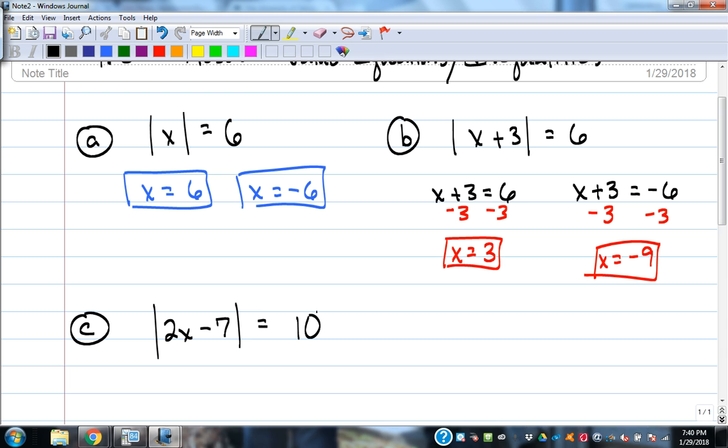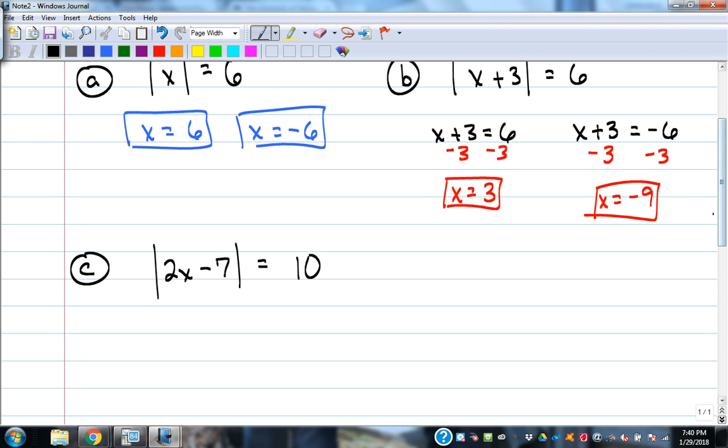Okay. Here's a very similar problem, just a little bit more complicated. You've got an absolute value that has nothing else on the outside of it, and it's equal to 10. So we're going to set up two equations: 2x minus 7 equals positive 10, and 2x minus 7 equals negative 10. Solve each of them separately.